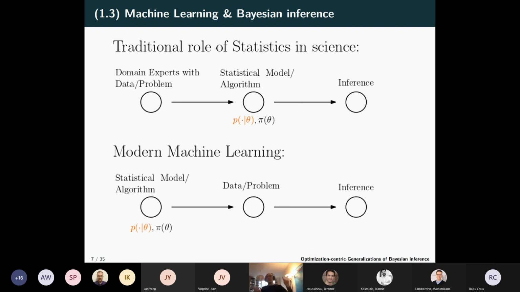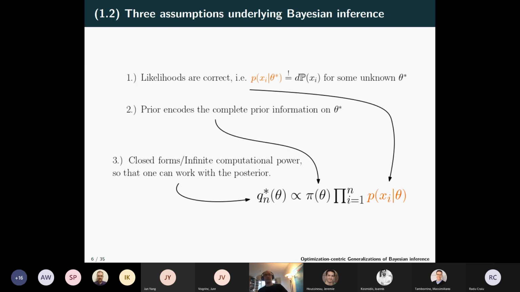And the moment that these roles get reversed, it's quite clear that the assumptions that we made on the previous slide will no longer make sense, right? We do not have correct likelihoods because we're specifically trying to design the likelihoods to just be extremely flexible. So they're not parsimonious. They're probably over-parameterized. There's probably not one theta star, but possibly infinitely many theta stars. The prior that we have doesn't actually encode information anymore.